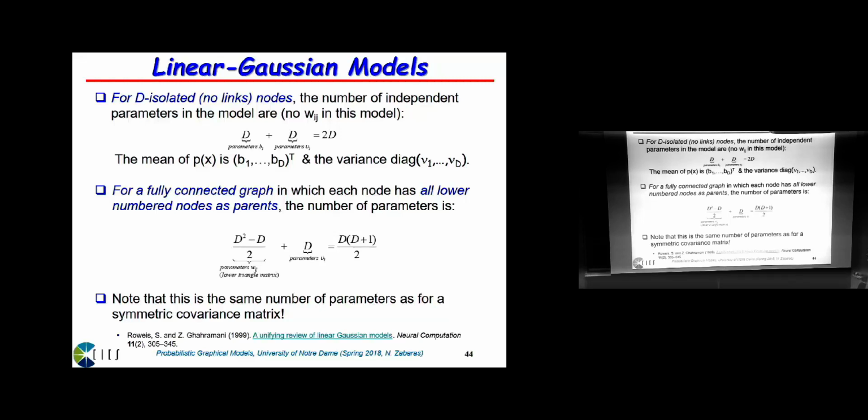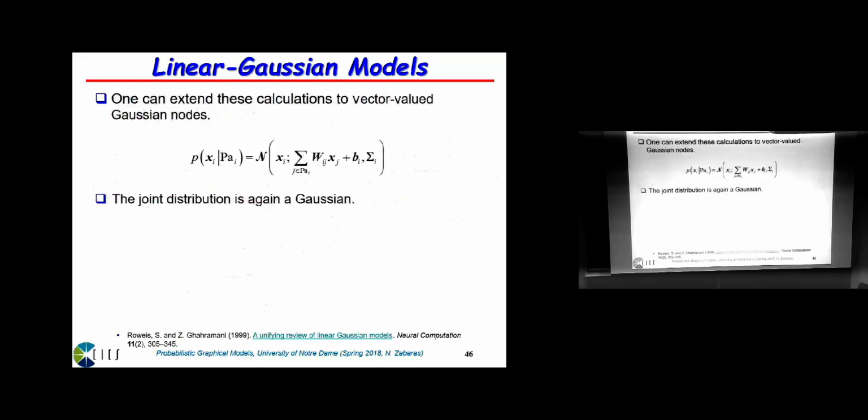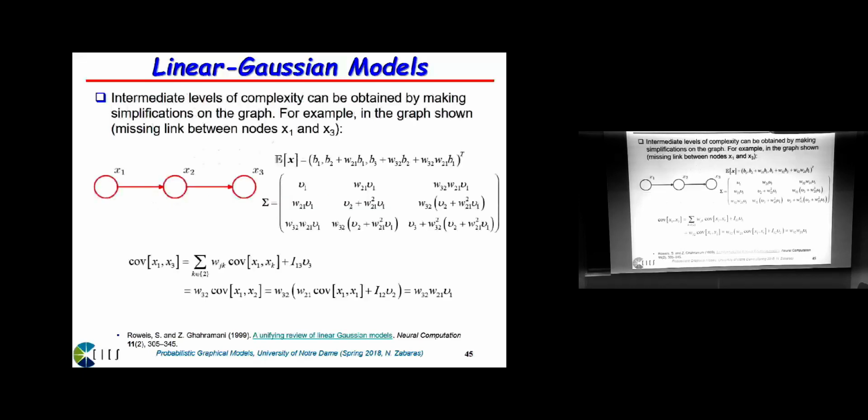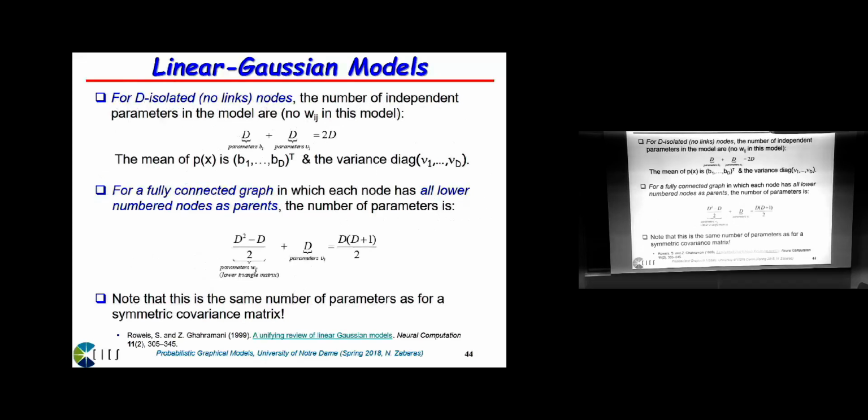So don't be surprised that that's the case, right? Because we proved that effectively the joint distribution is a Gaussian, all right? So obviously this problem needs to be equivalent to the number of parameters required for a multivariate Gaussian, basically to define the covariance matrix.